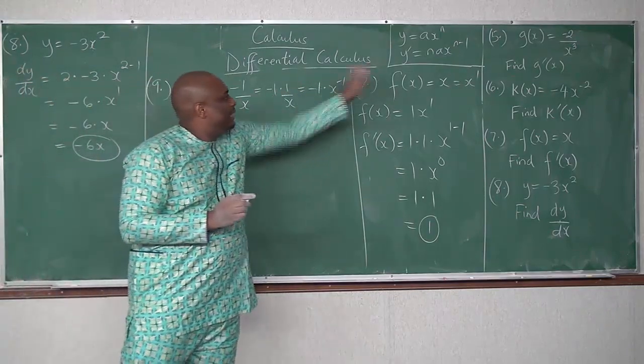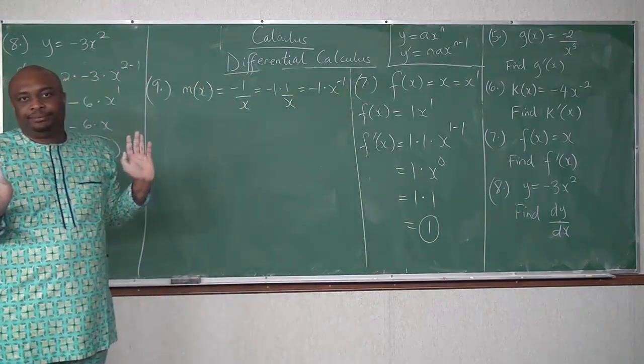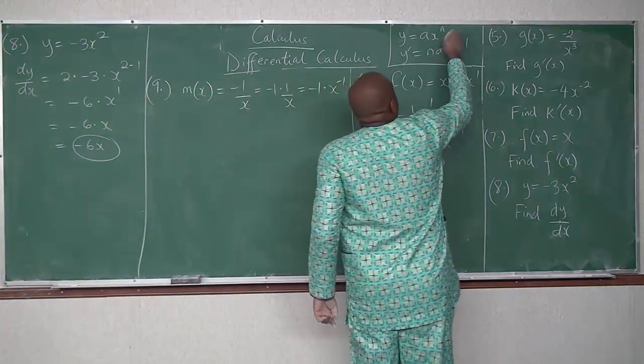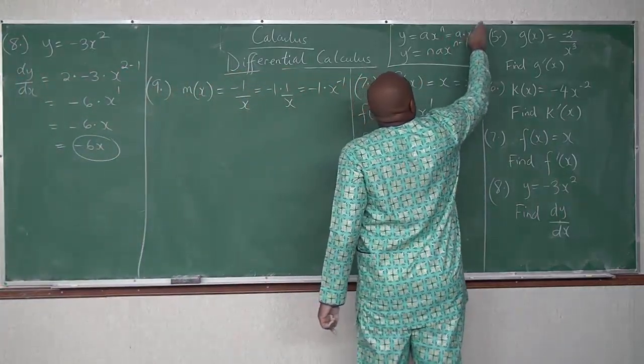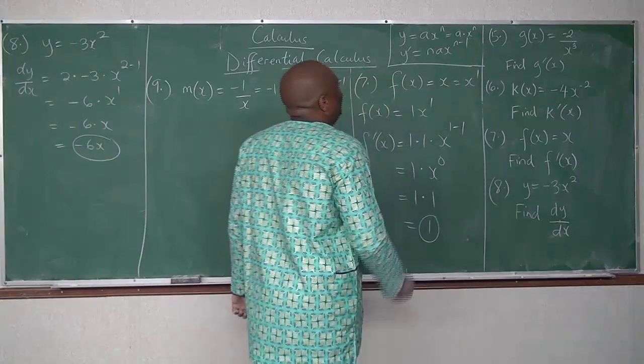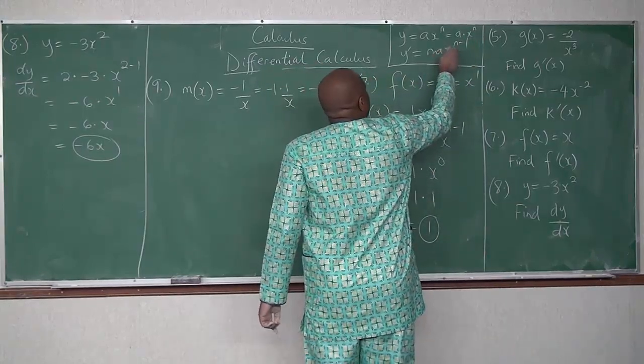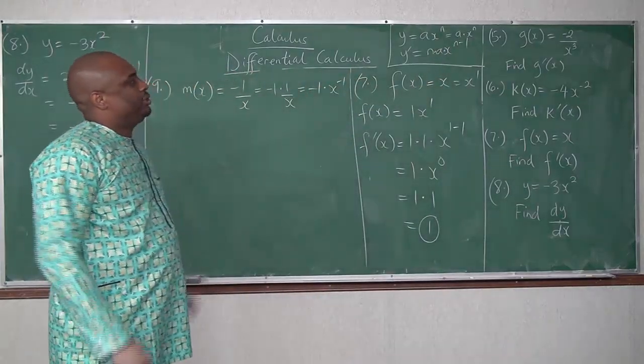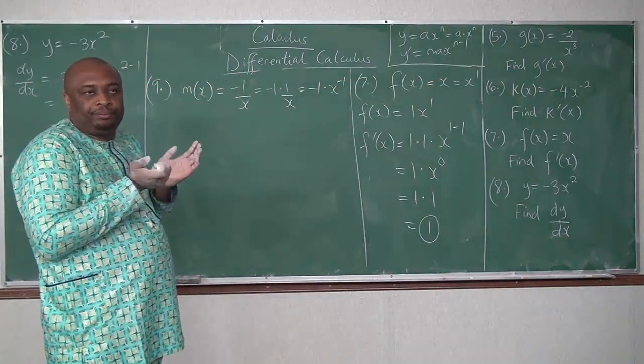Remember, we want to put it in that form. And we have done it. Okay? Remember, this is a times x exponent n. And then this is n times a times x exponent n minus 1. And then you join it.